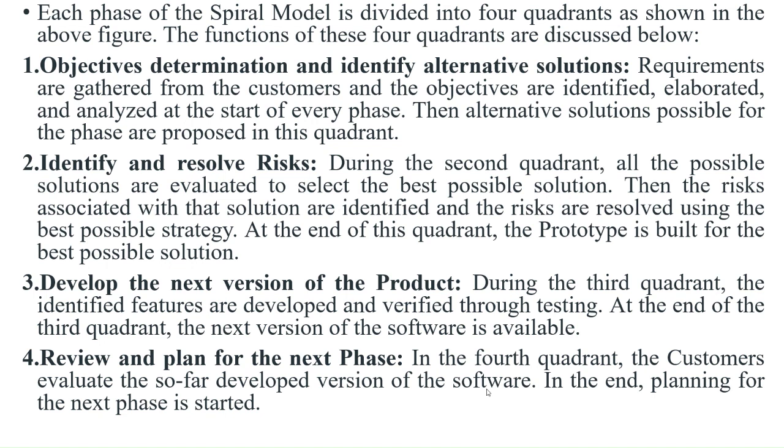In the fourth quadrant, or fourth function, the customer reviews the developed software. We are getting the reviews from the customer and planning for the next phase, what should be started. These are the four phases or four functions that play a crucial role in the spiral model. These functions are very important.